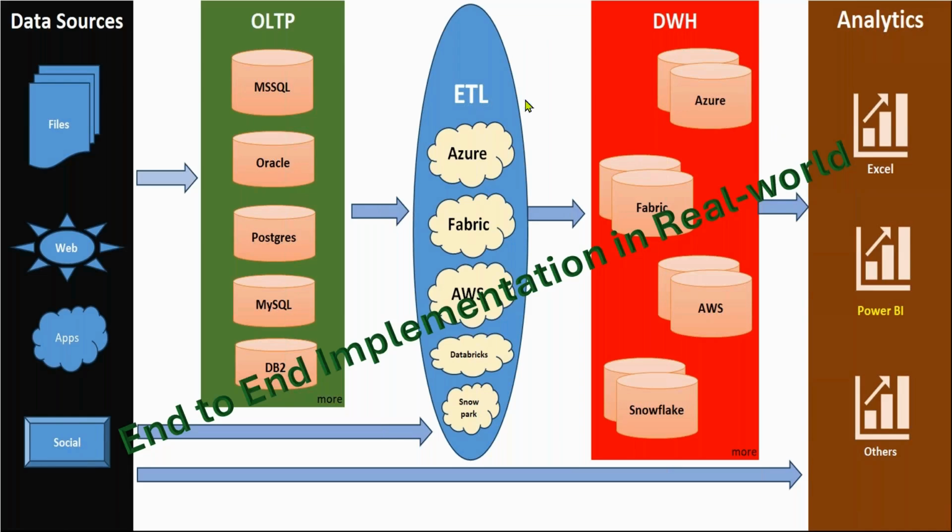Same way, for data warehousing: Azure, Fabric, AWS, Snowflake, different companies came with different products to implement warehouse. We choose Azure, a stable technology to work with both ETL and warehouse activities together.